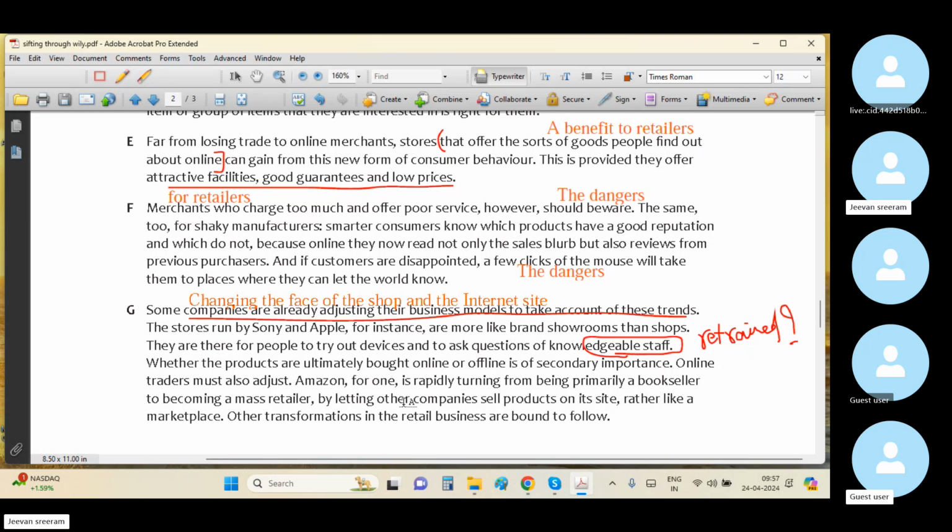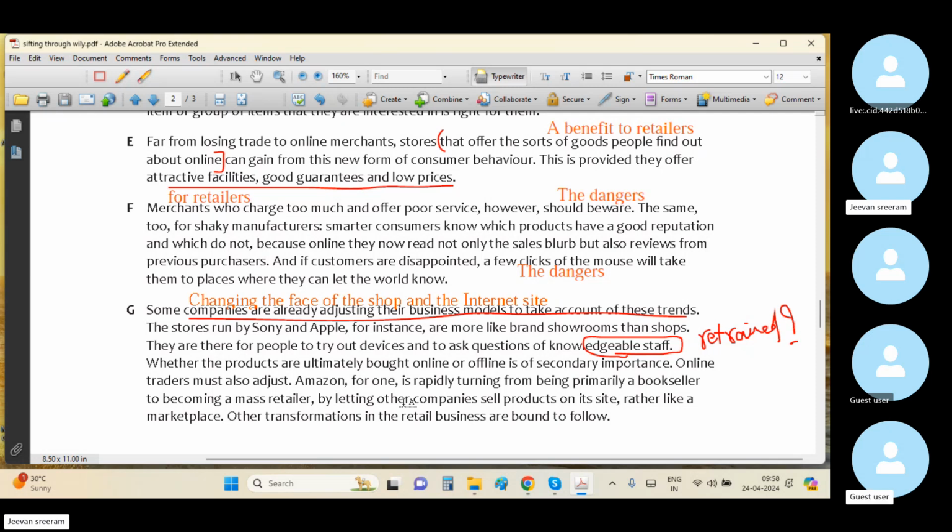If Sony products can also be sold in Reliance Digital and other shops, why do they have to open separate stores for Sony and Apple? Yes, that's the business model. It's all about reaching out to the consumers, more reach to the consumers, with qualified people exclusively for the brand in those offline brand showrooms, right?